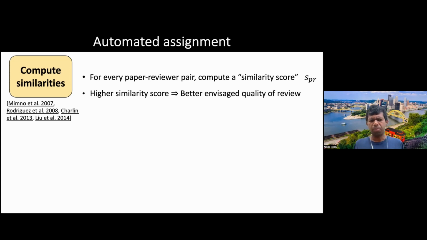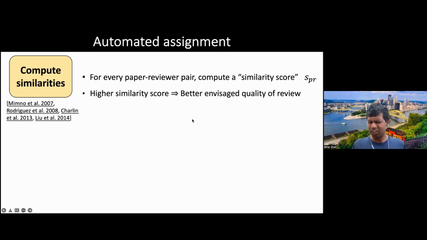This score is a number, say between 0 and 1, computed using various techniques like natural language processing, etc. A higher value of the similarity score means that you envisage a better quality of review by this reviewer for this paper. We'll denote the similarity score between any paper P and any reviewer R as S_PR. Any questions?